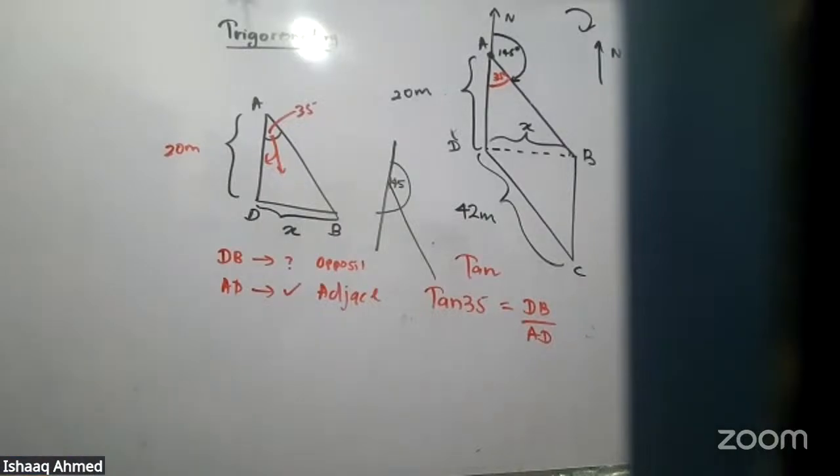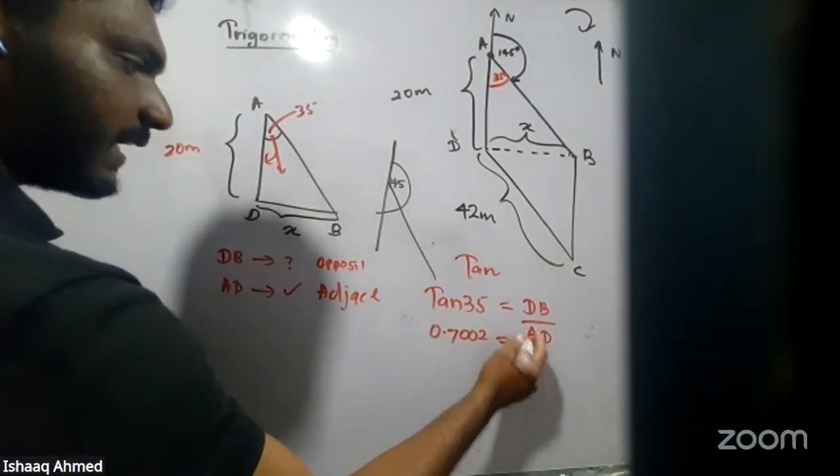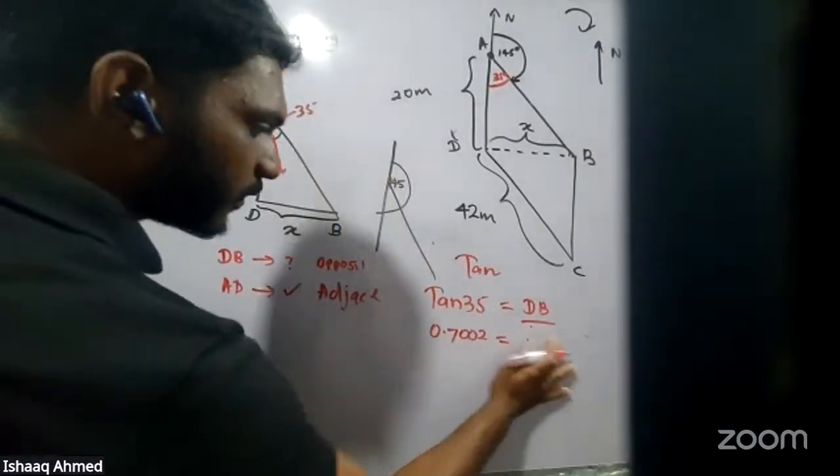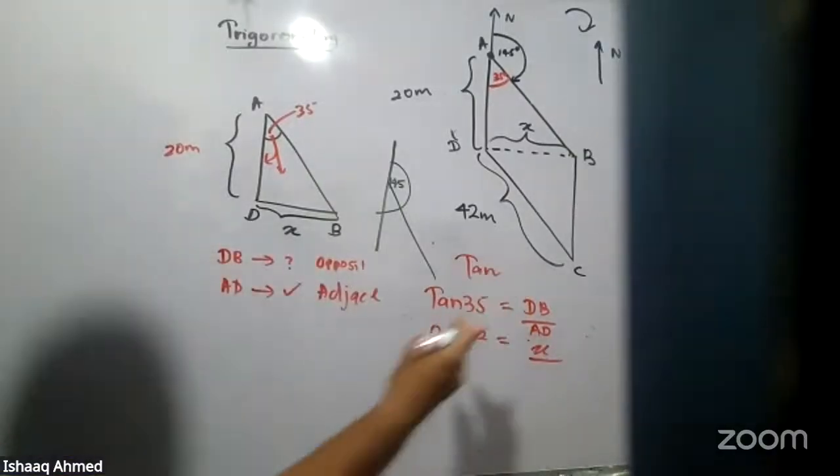So you take the trig book, take the tan table, natural tan, and find the value for tan 35. So tan 35 is 0.7002. So 0.7002 equals DB, we don't know, we'll take it as x over AD.